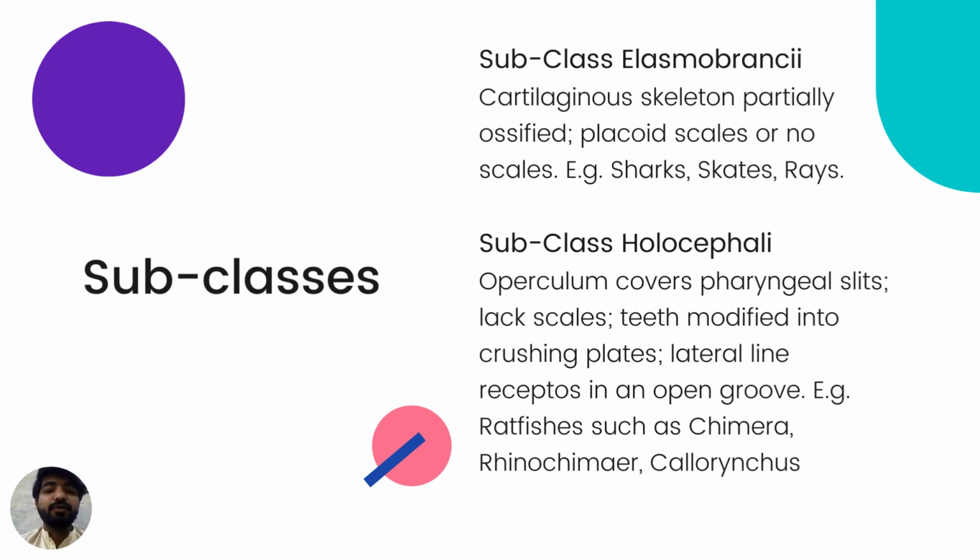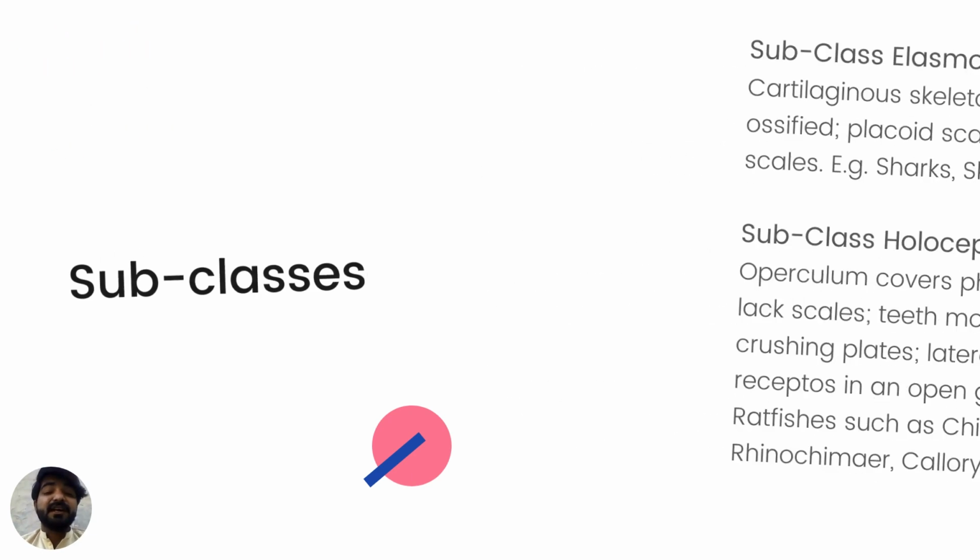Next is subclass Holocephali. They have an upper operculum cover, pharyngeal slits, lack scales, and have teeth modified into crushing plates. In hagfishes, there were no teeth at all. Ratfishes such as Chimaera, Rhinochimaera, and Callorhynchus are examples of subclass Holocephali.